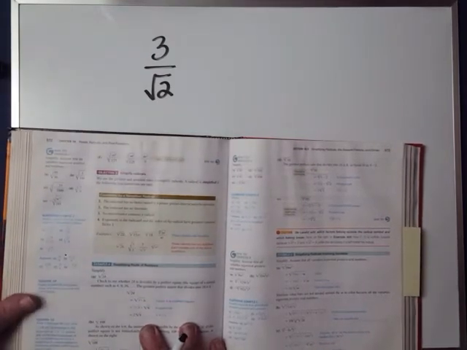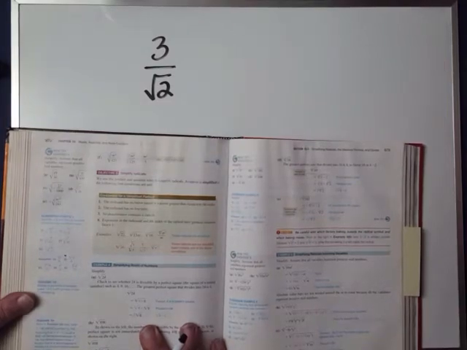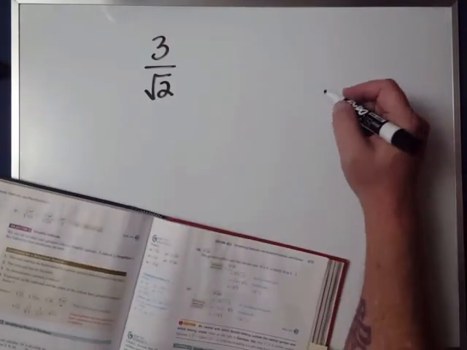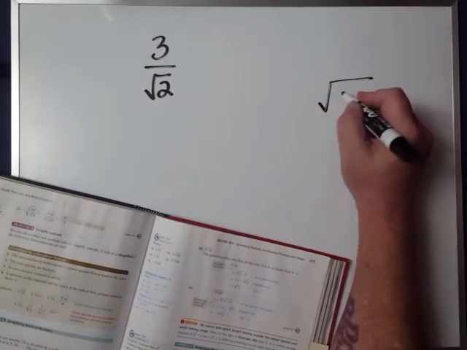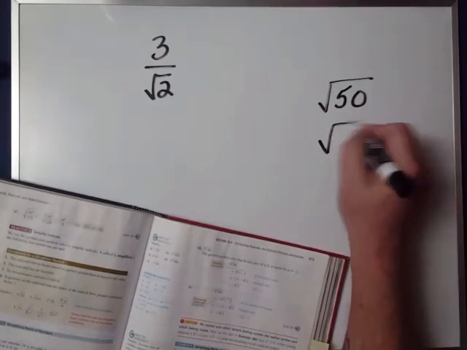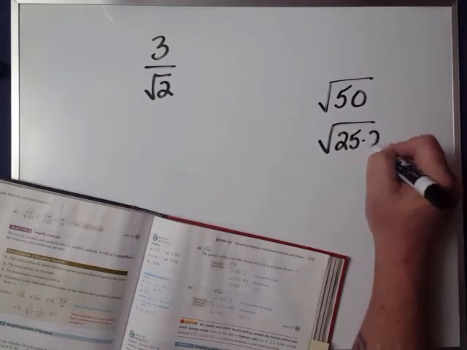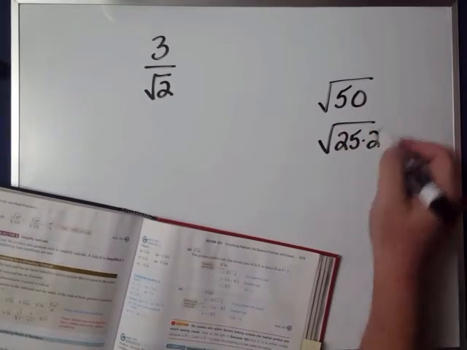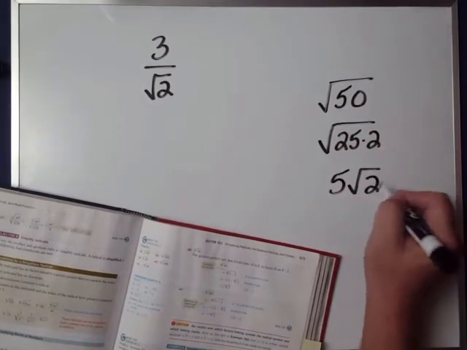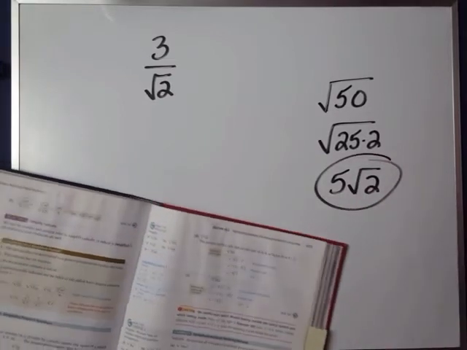Number 1, the radicand has no factor raised to a power greater than or equal to the index. What do we say that meant? That meant no perfect squares under a square root. So we simplify square root of 50 to 5 square roots of 2. That's our first rule.